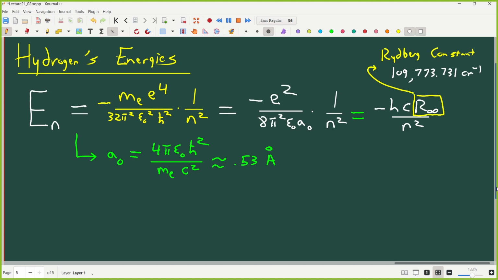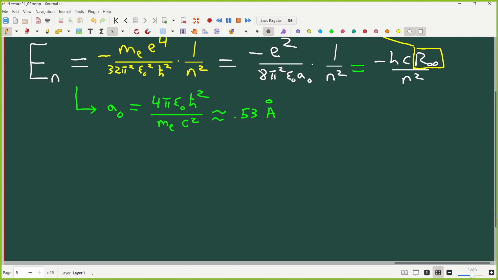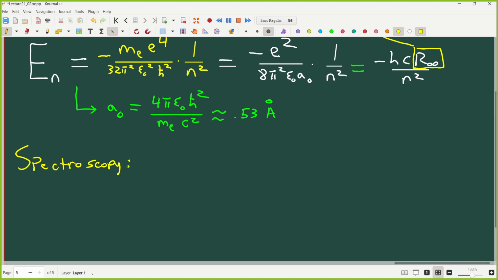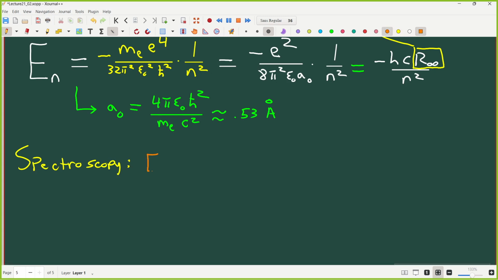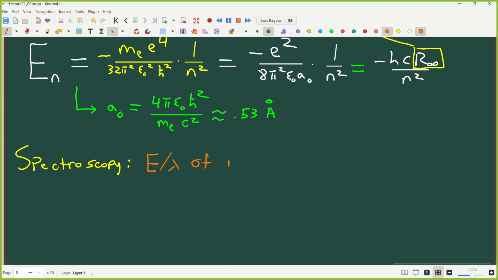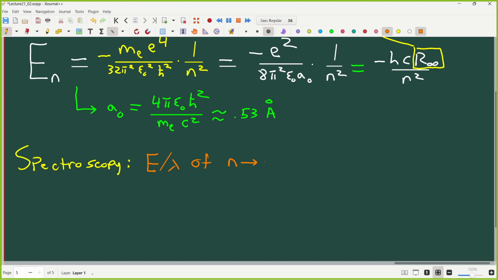Okay, so what do you get now? Let's think about the spectroscopy of this very briefly. We want to do some absorptions and emissions. We want to know what the energies, or the frequencies, or the wavelengths, whatever you want to think about, are for absorptions from some number n to n prime. Maybe we want to take an electron from n equals 1 to n equals 3.